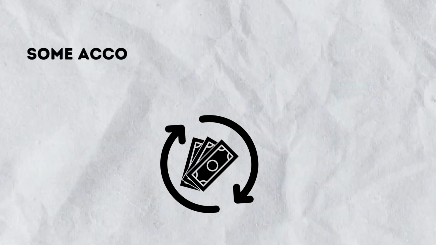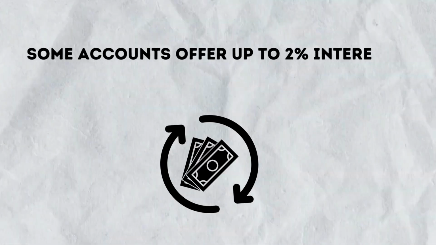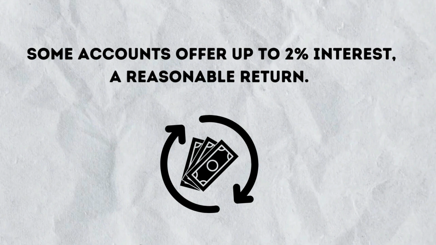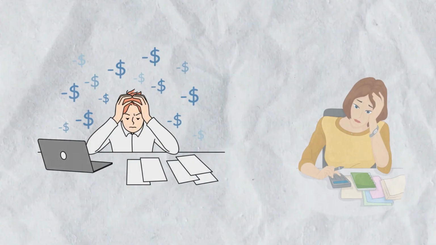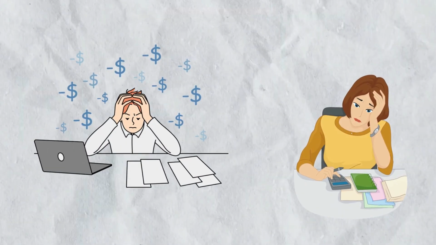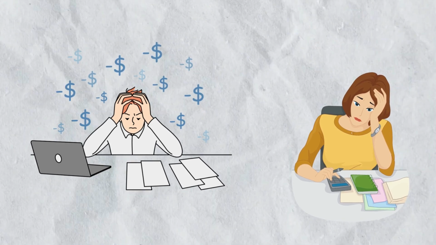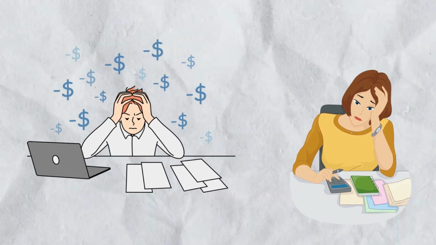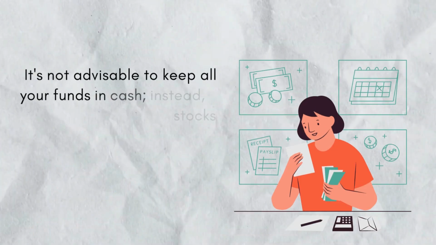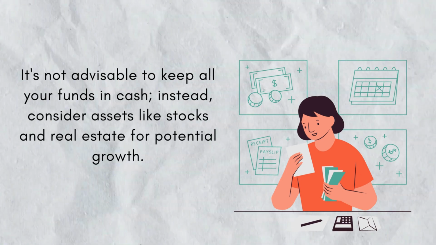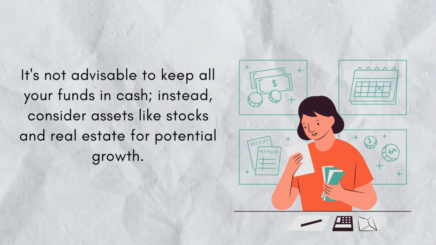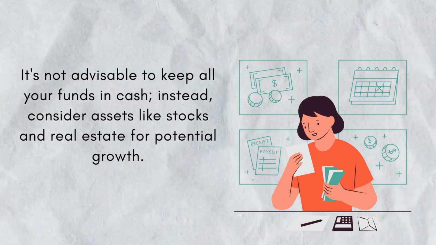Some accounts offer up to 2% interest, a reasonable return. However, cash and cash equivalents are not ideal for long-term investing due to inflation eroding purchasing power. It's not recommended to keep all your money in cash. Consider assets like stocks and real estate for greater growth potential.